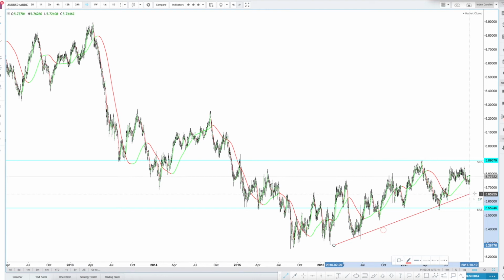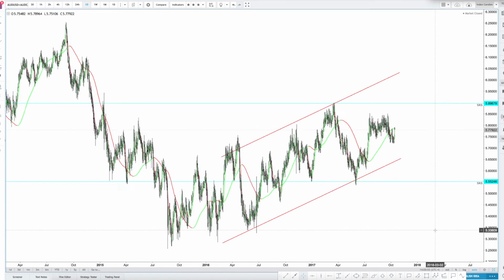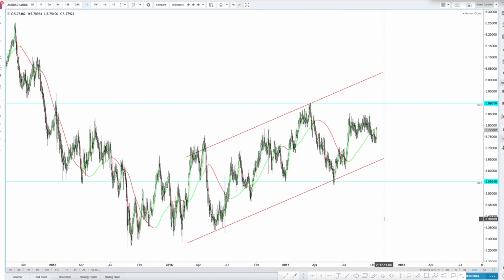We have this thing, and then let's clone, and then we have this thing going like this. So you could make an argument that this is some kind of bear flag to move lower, but we are also kind of consistently making higher lows.